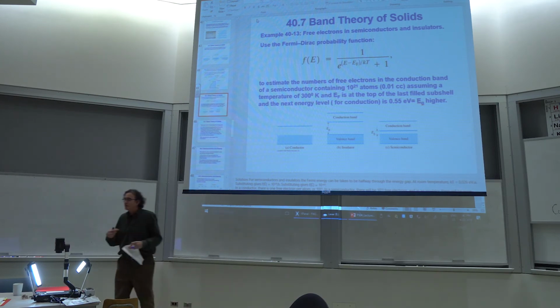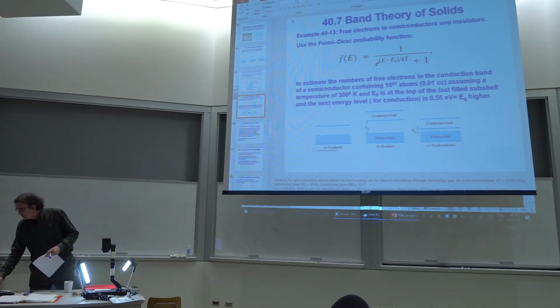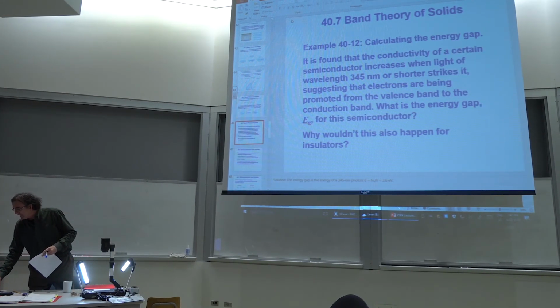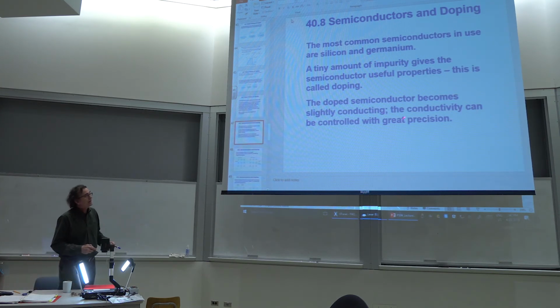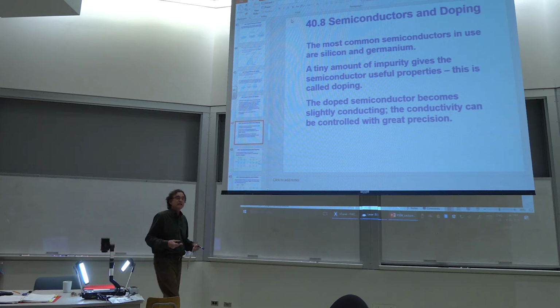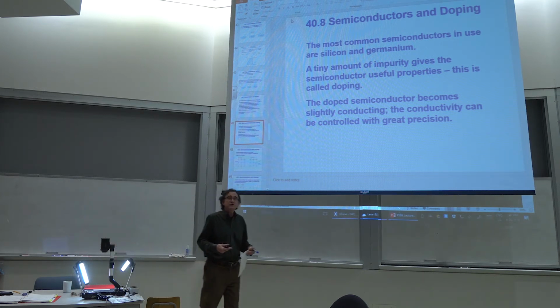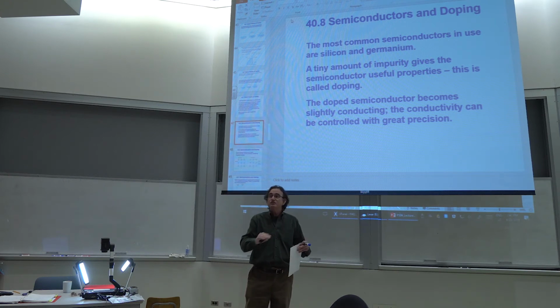So the idea with doping is that the goal is to get this higher and to get the conductivity up so that approximately 1 in 10^6 of the electrons makes it from the filled valence band above through the gap energy to the conduction band.